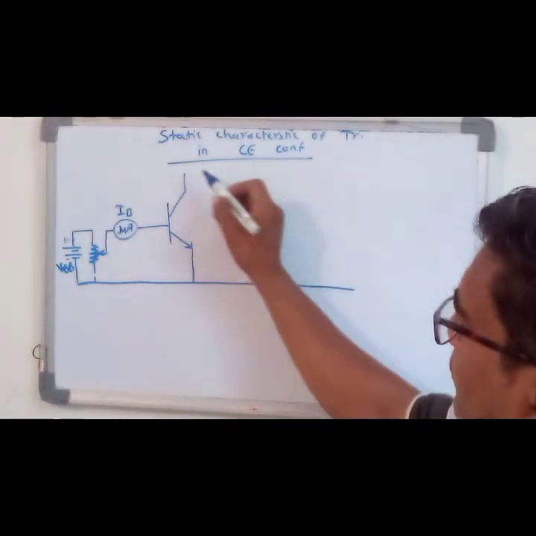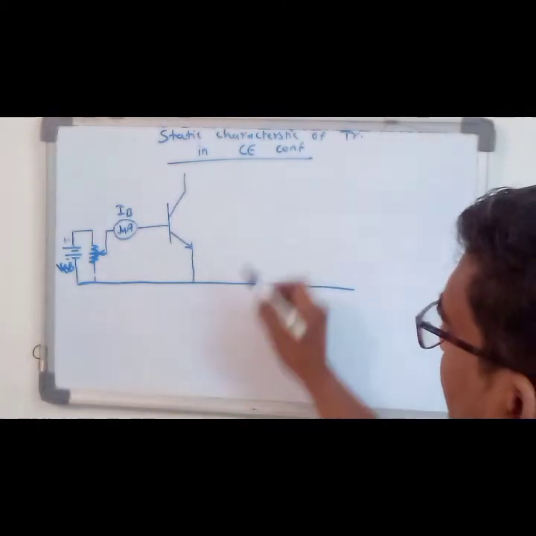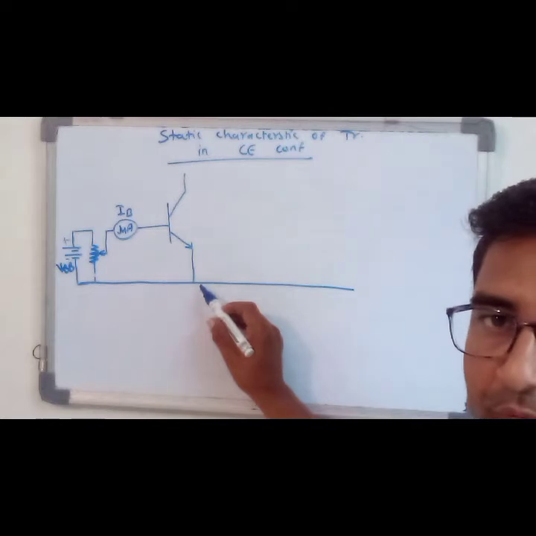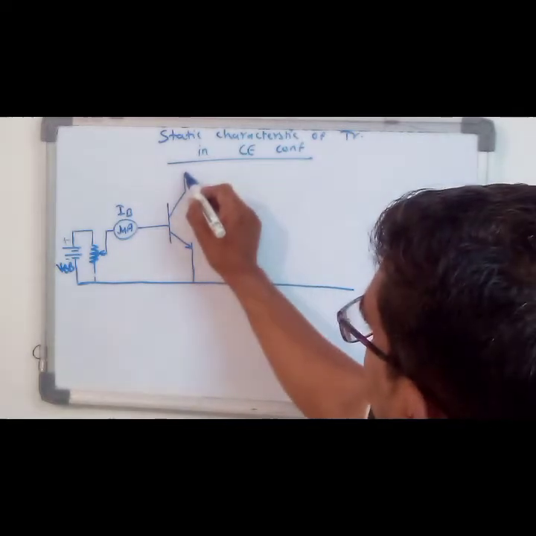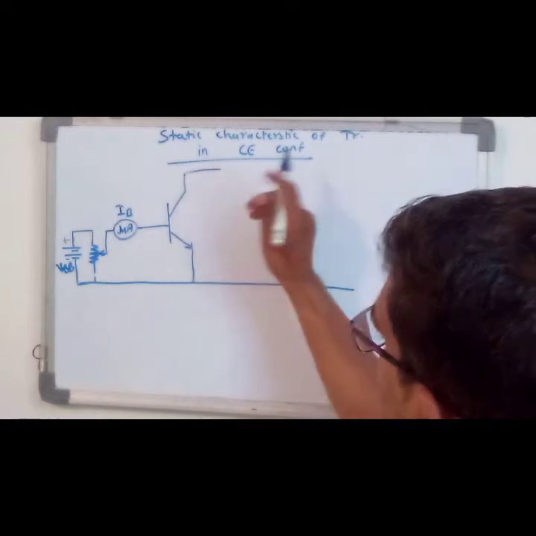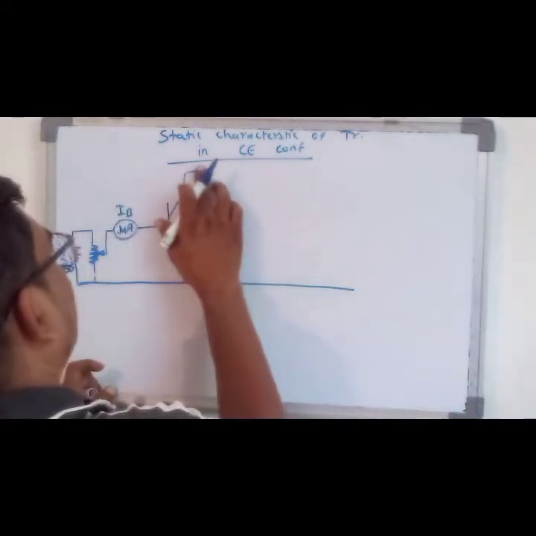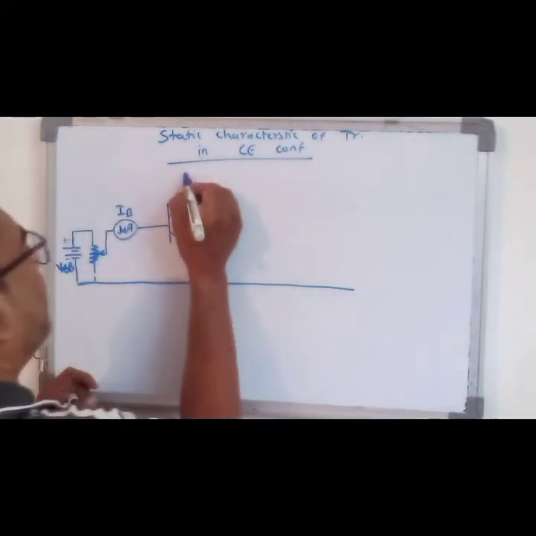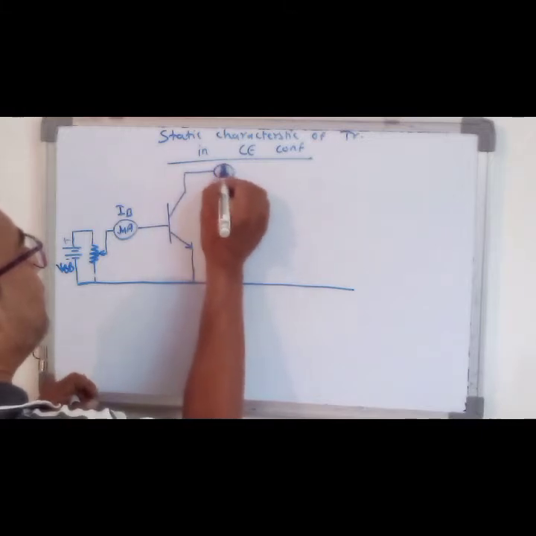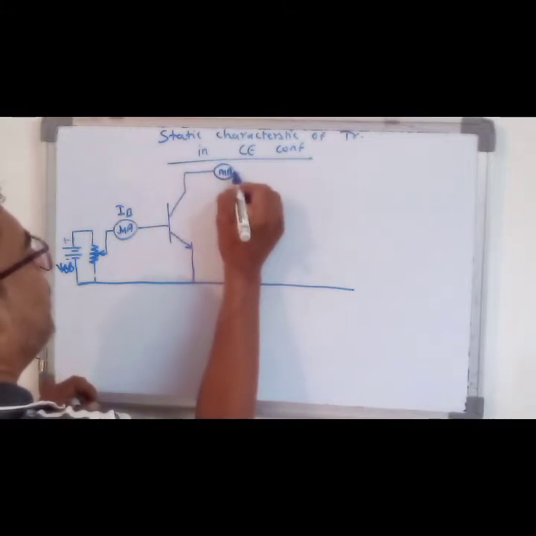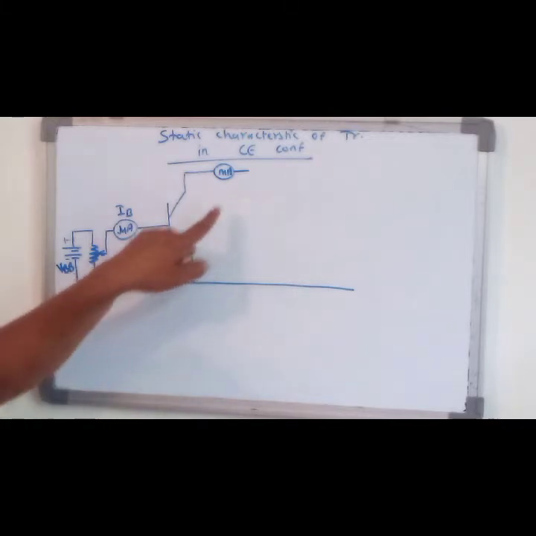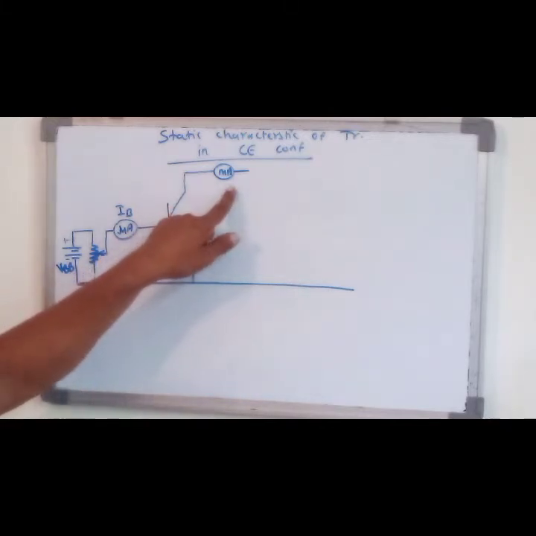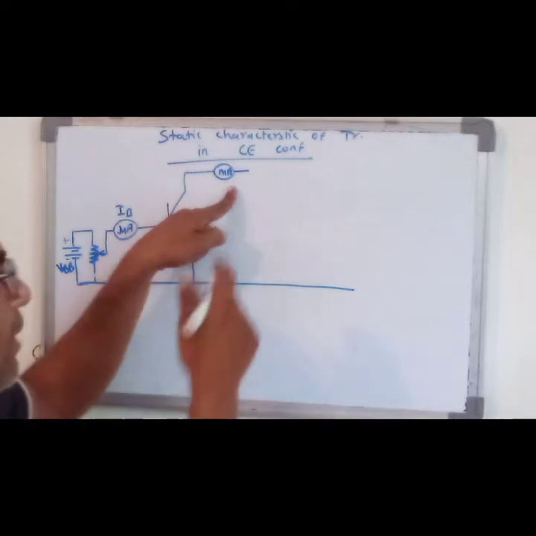Now coming to the collector to emitter side, you have a large current, so you have to attach a milliammeter, whereas here we have attached the microammeter. We attach the milliammeter in such a way that we obtain the collector current value.